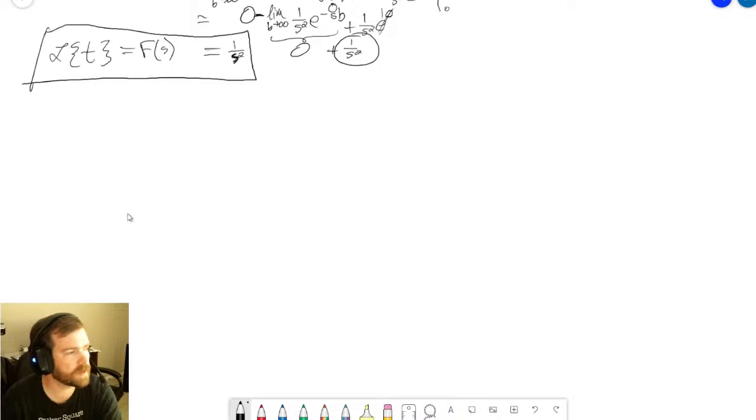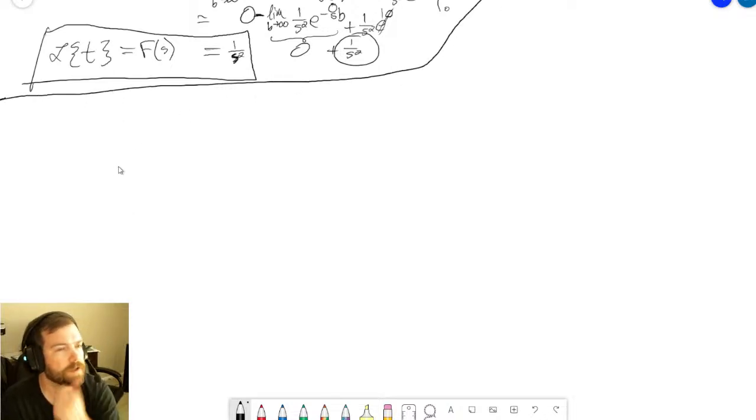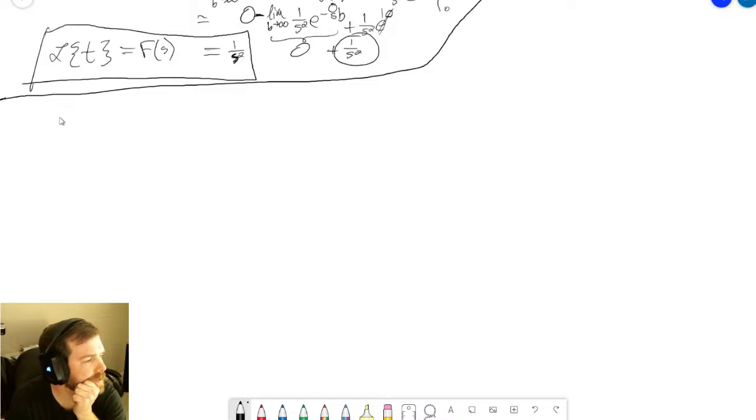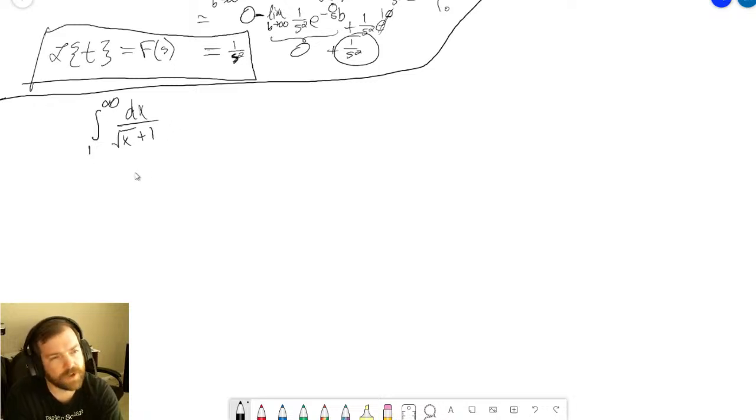All right, something else that they want to do in the book is to compare two different types of integrals. So for instance, taking the integral from 1 to infinity of a function dx over square root of x plus 1, it isn't actually possible to take this integral.